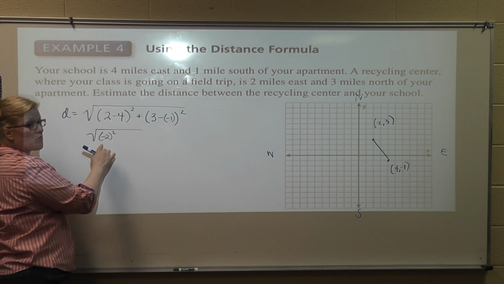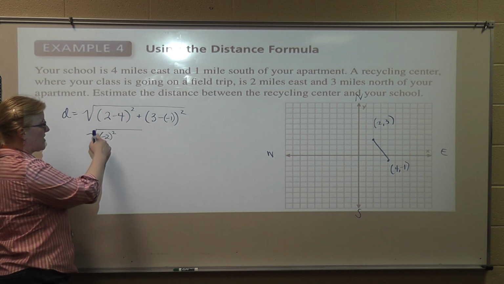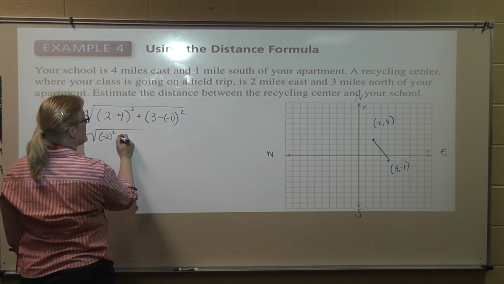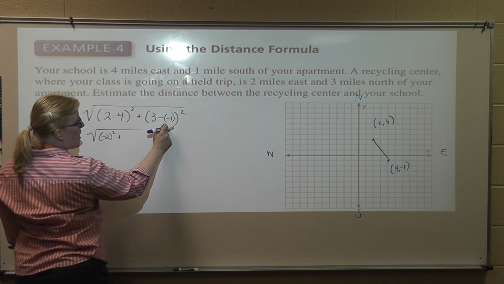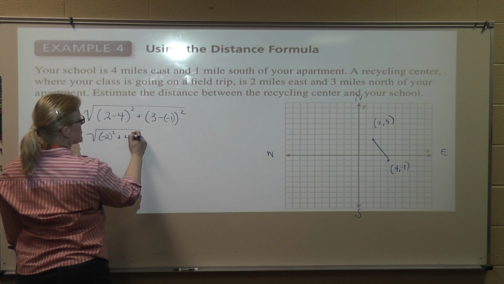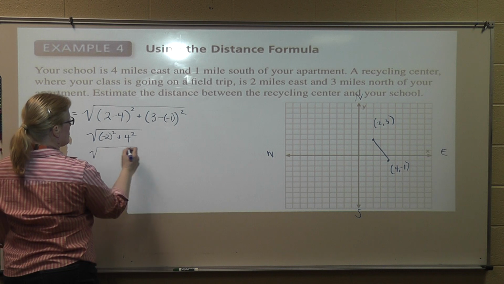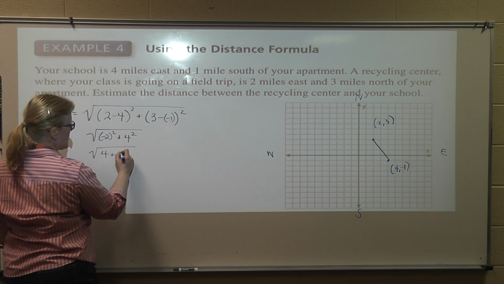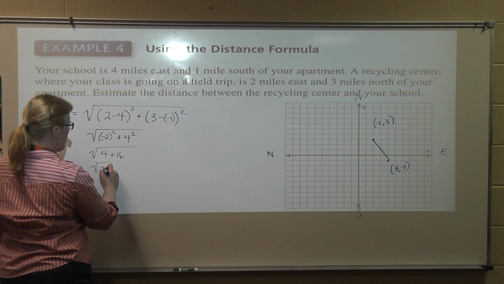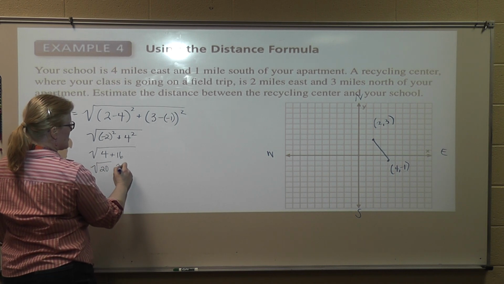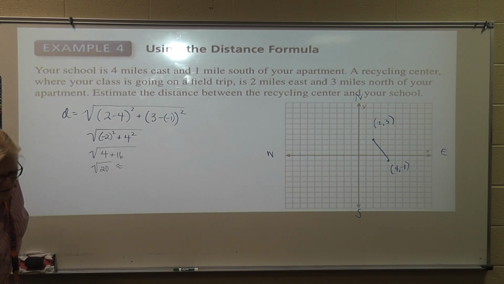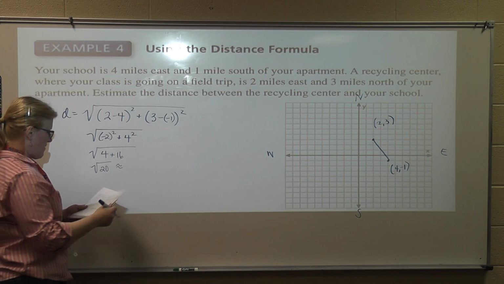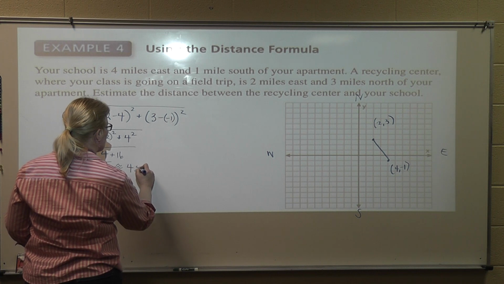If you don't use parentheses, it'll make it negative, but it's -2 times -2, which is going to give me a +4. Plus 3 plus 1 is 4 squared. So this is 2 times 2 is 4. 4 times 4 is 16. So I'm looking at the square root of 20, which is about 4.5, I think. Yep, about 4.5 miles.